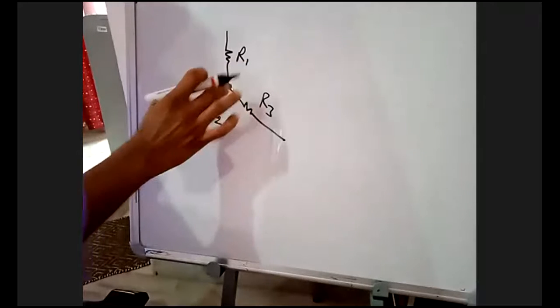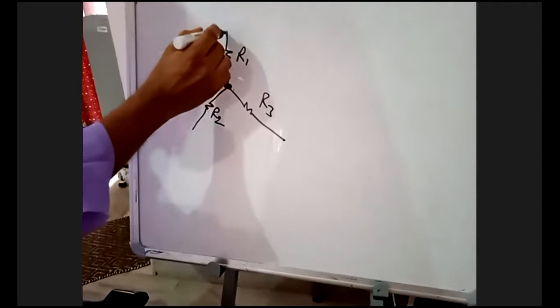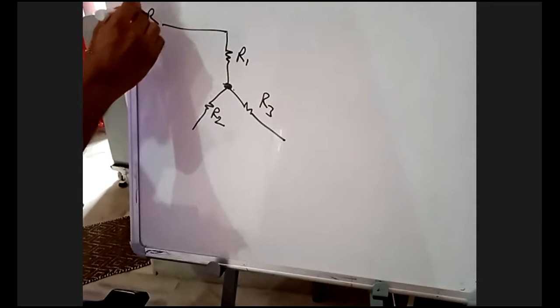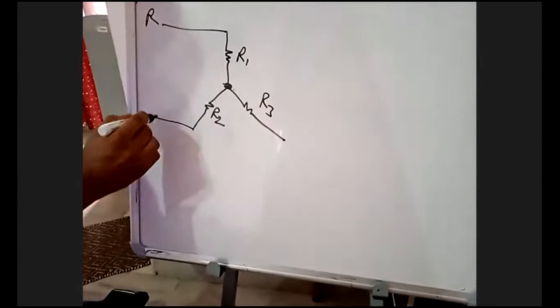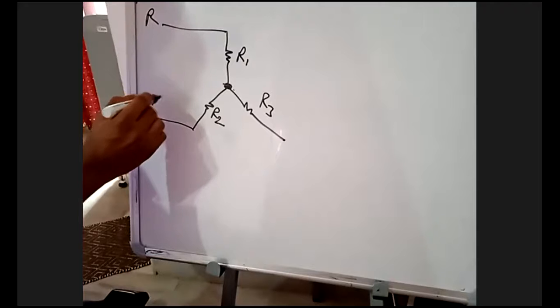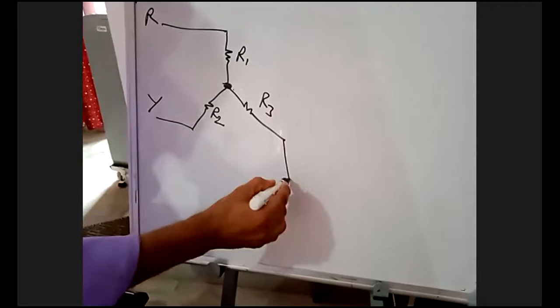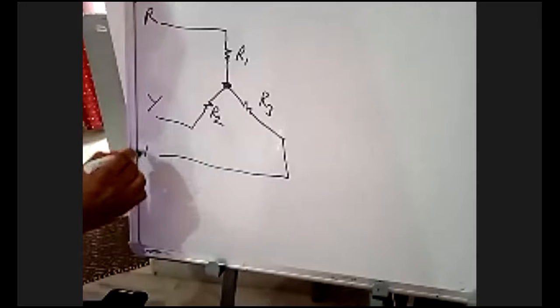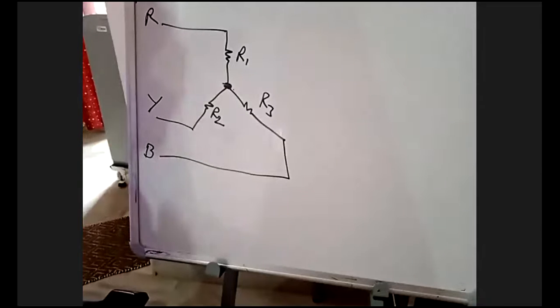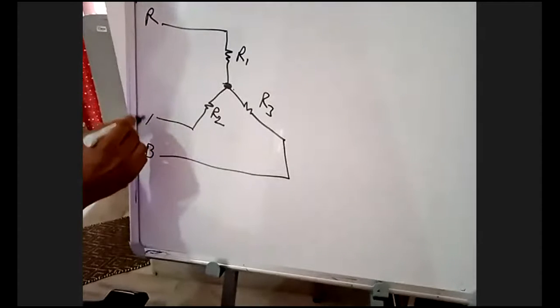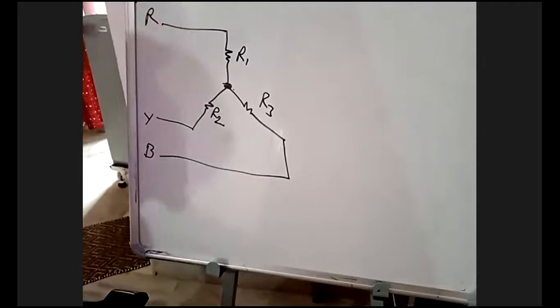I am taking three phases here. Let us take this branch is connected to R phase, this branch to Y phase, and this branch to B phase. We are having three phases, R, Y and B: red color, yellow color, blue color.